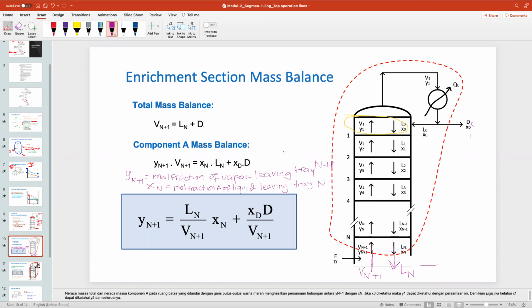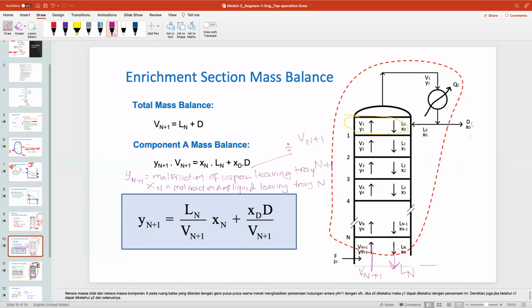So if you check the component mass balance, Yn plus 1 multiplied with Vn plus 1 equals xn Ln plus xD multiplied with the molar flow of distillate D. Then let's divide both sides by Vn plus 1.